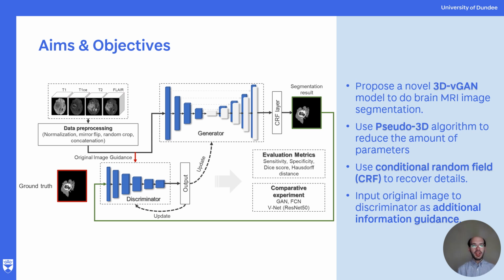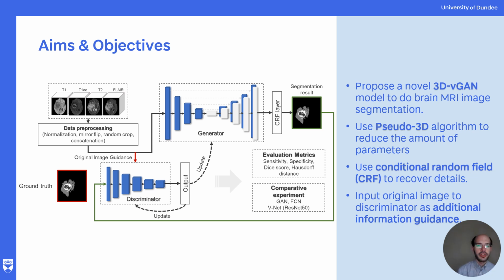So the aim is essentially to develop from the GAN network, where we have the 3D multimodal array of MRI images, T1, T1C, T2, and FLAIR. This is the input for the generator and also is used as a guidance for the discriminator. The generator needs to generate the multi-class segmented image, and the result is enhanced in terms of smoothness using a conditional random field layer.